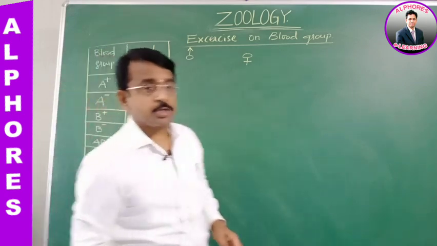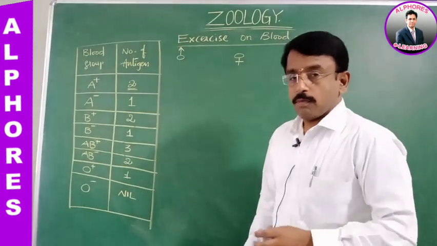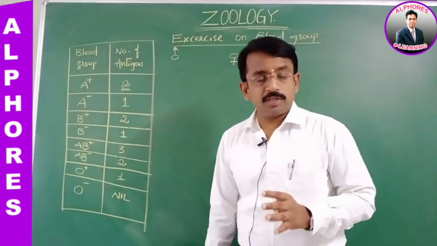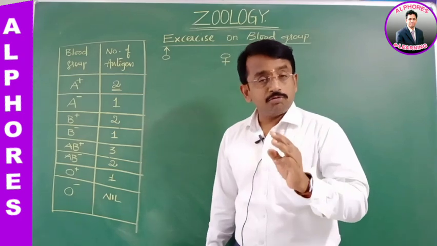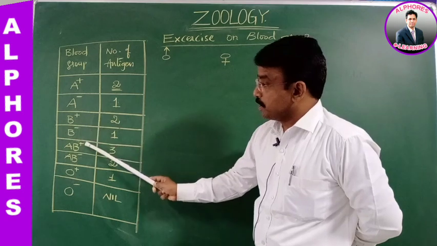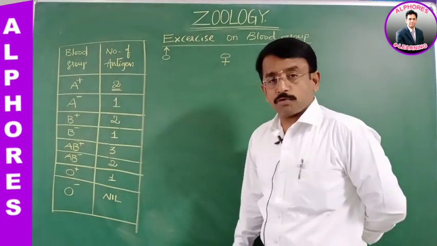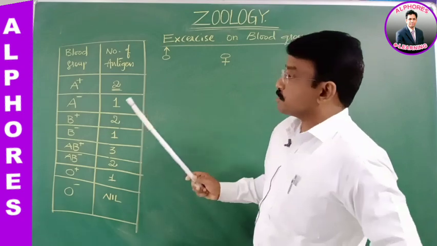So in this connection, the ABO blood grouping system has 4 phenotypes, 6 genotypes, 3 alleles.